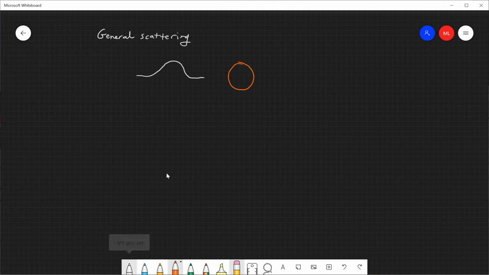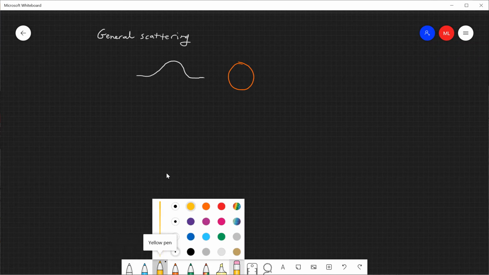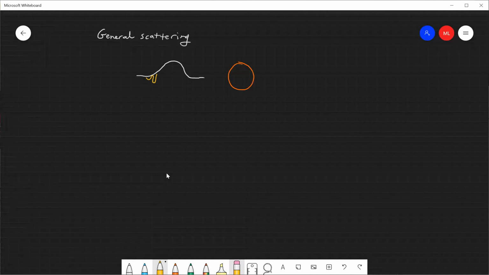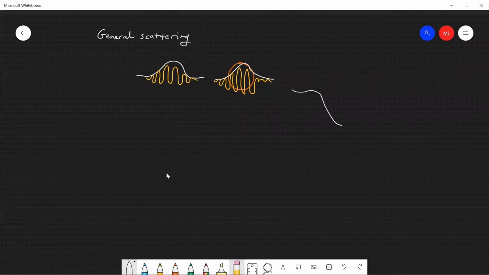If we were to do it properly, we would have some wave packet that we send in to some target, and the wave packet will interact with the target, and maybe it'll shift around the wave function and so on. And then eventually it'll come out in some direction.